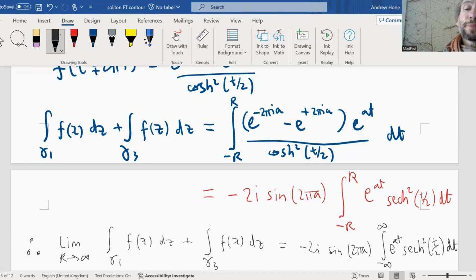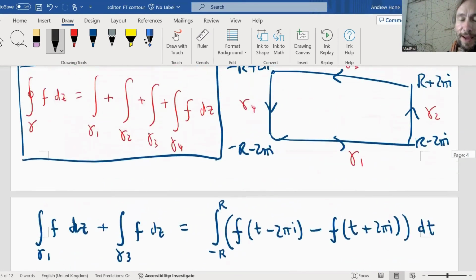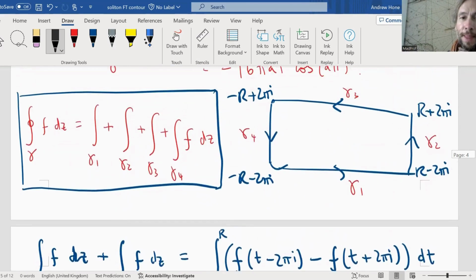Okay. So what can we say? Well, we know what the integral is around the whole rectangle. So we've looked at the horizontal parts, and now what we need to do is have a look at the vertical parts. And I'll leave part of this as an exercise for you to check.